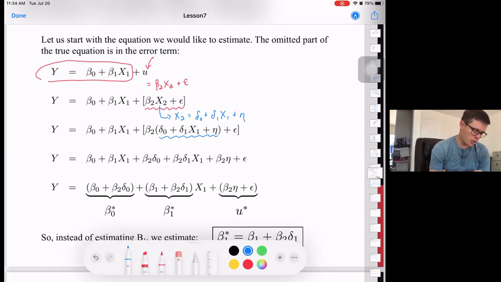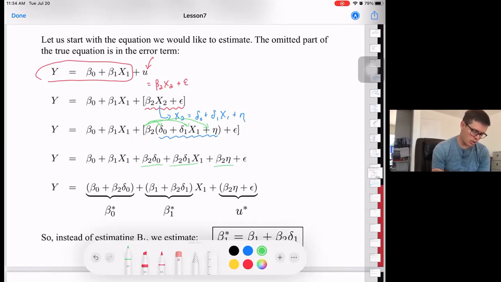Now we're going to multiply through by beta 2. And that's all this is right here, is we multiply through beta 2.